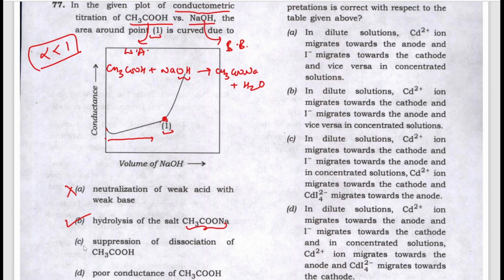Next is suppression of the dissociation of acetic acid. This is also an incorrect statement, because with adding a strong base, dissociation of acetic acid will not be suppressed, it will even dissociate easily. In the D part, poor conductance of acetic acid, this is also incorrect. So the correct answer of this question is option B.